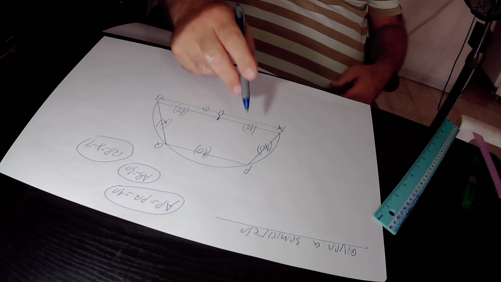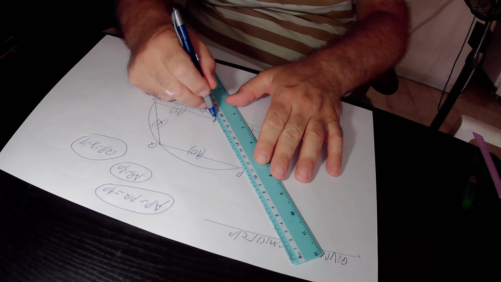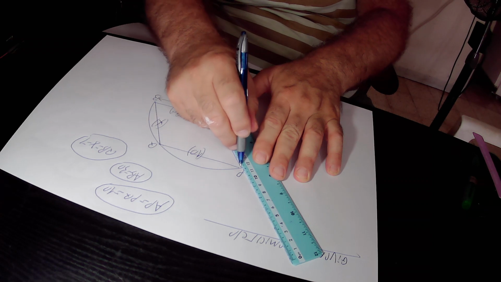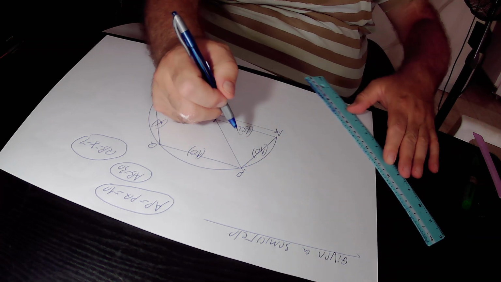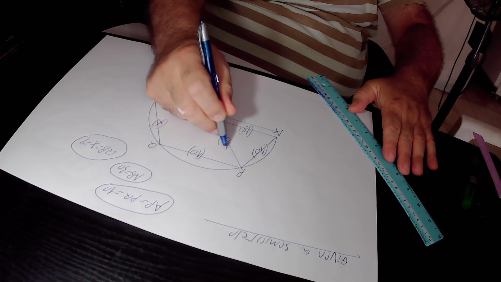In the next step, we will join points O and P together by a straight line. Point O is the center of this semicircle, point P is a point on the semicircle itself, therefore OP is the radius of this semicircle that is equal to 15 units in its length.